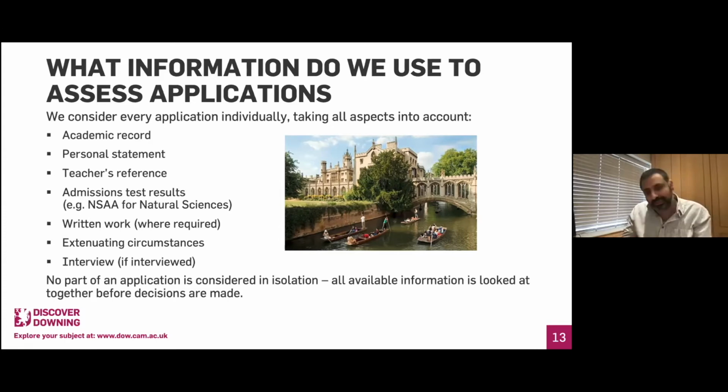That doesn't mean that they won't be considered for an offer, because we would be looking at how you've done in your test and taking that into consideration, and maybe realizing that at the interview you may have had a bad moment, and maybe that should not be used to write off your application. So just to emphasize, we look at all this information, not one particular bit of information, to make our decision.